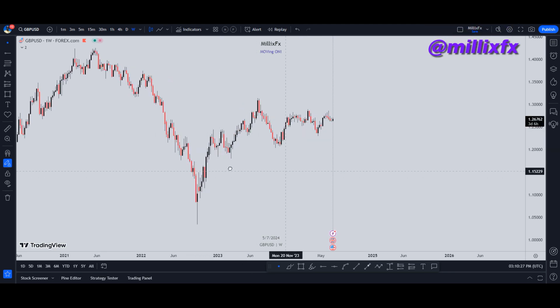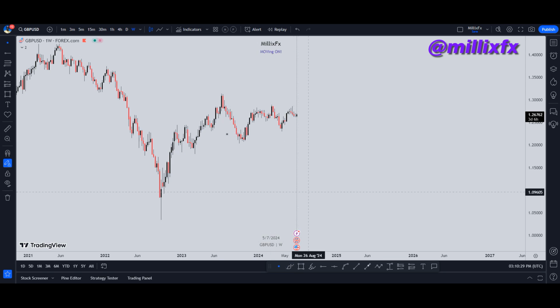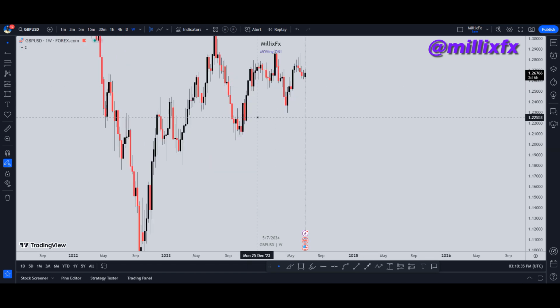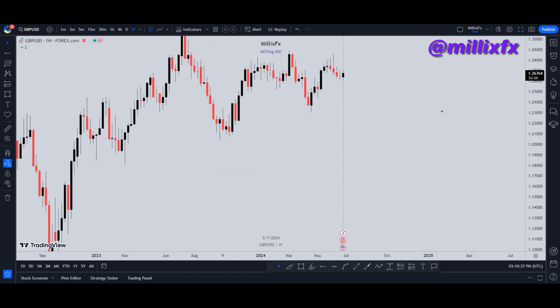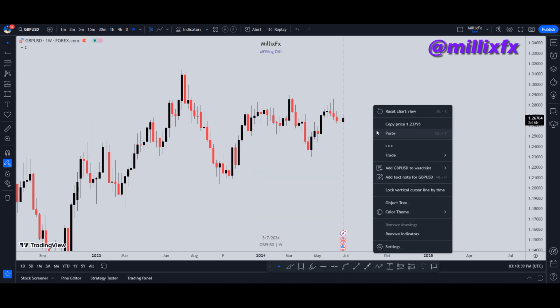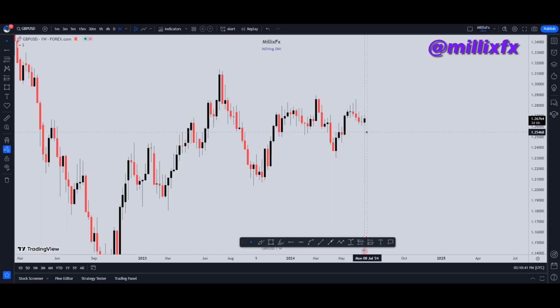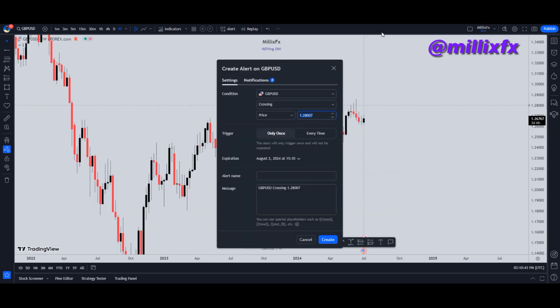So last week we discussed that anytime you want to identify your market structure or your daily bias, we want to always look for breaks of structure. It doesn't really matter how big or small it is, just make sure there is a clear break and you will not have any problem understanding what is going on.